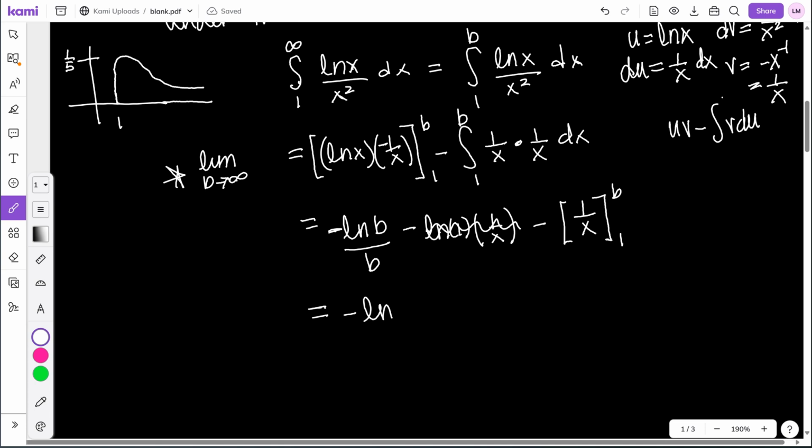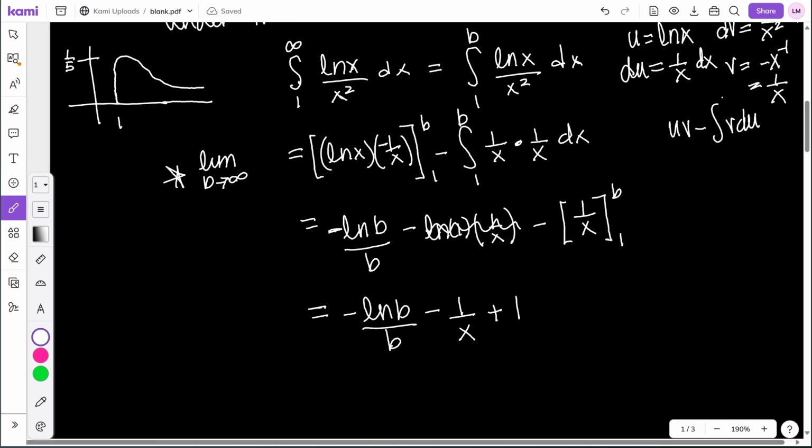I'm going to leave this natural log of b over b. We know that one went to 0. And so now I have minus plugging in b, and then minus plugging in 1, but it's minus a negative, so plus 1.